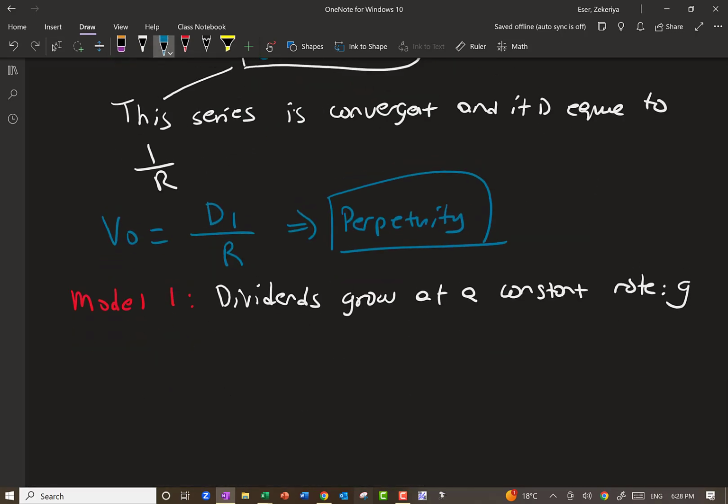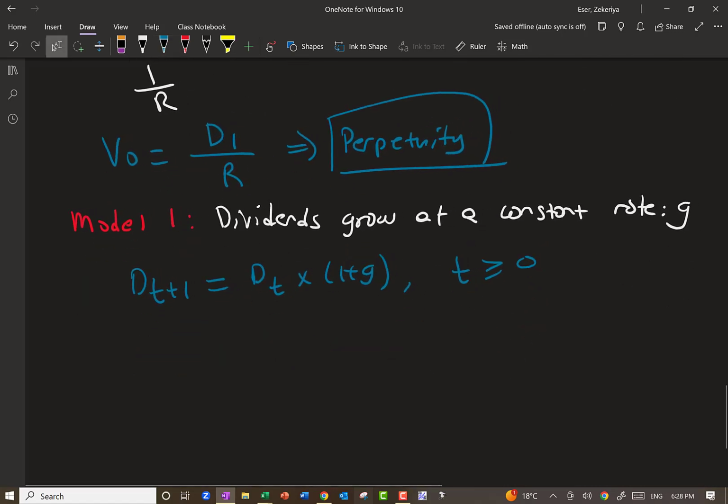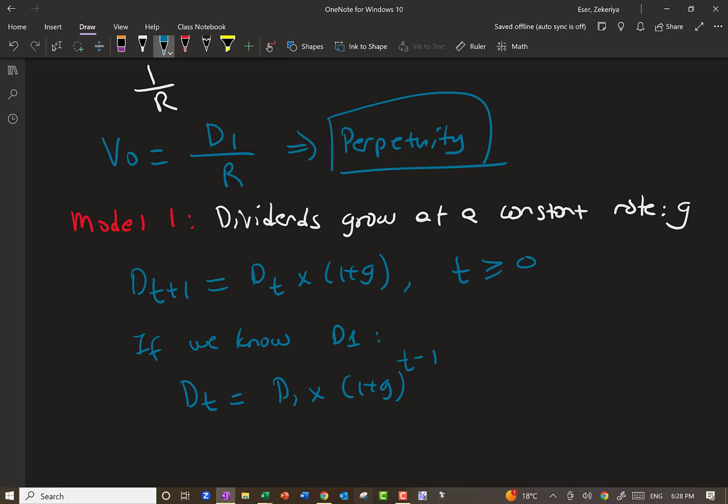That means d(t+1) equals dt times (1 plus g) for all t greater than or equal to 0. Or if we know d1, then dt equals d1 times (1 plus g) raised to the power t minus 1.